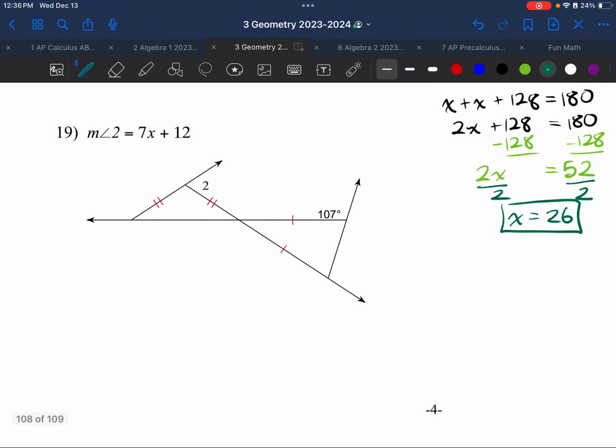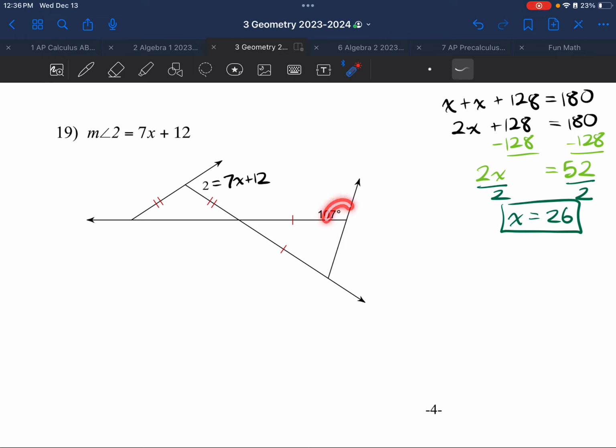All right. And finally, our last problem on the practice test, number 19. We need to somehow figure out what x is, and we know that this angle right here, let's go ahead and label it just in case we forget. This angle is 7x plus 12, and that lives right here. All right, well, we have some information that this is 107.